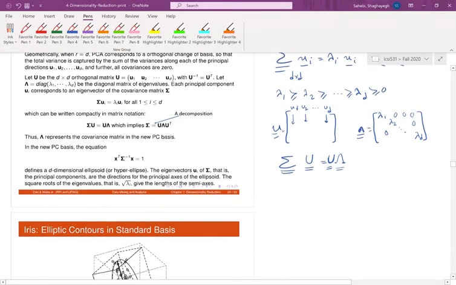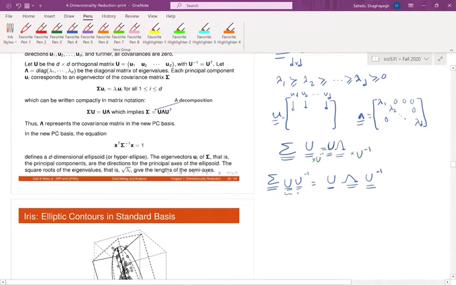What we can do is multiply both sides of this equation by the inverse of matrix U. If I multiply both sides by the inverse of U, what I get is sigma U inverse of U is equal to U lambda inverse of U.